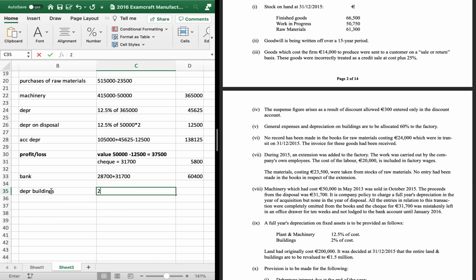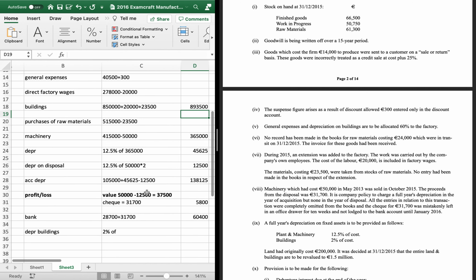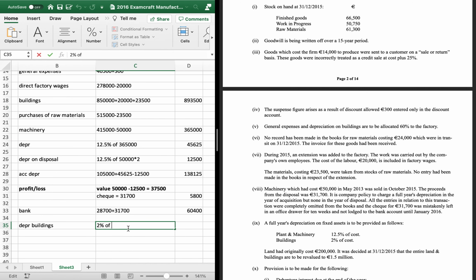And it's 2%. So it's 2% of the buildings figure, which is 893,500. Which is 17,870, is it?